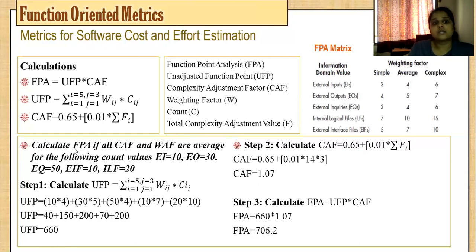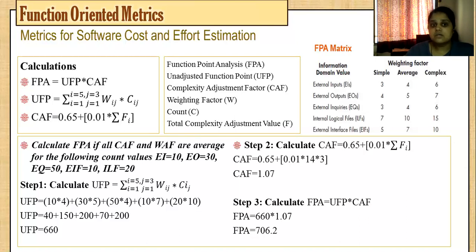Okay. So we have completed this step. Step number 2. We shall now move on to find out CAF. CAF is nothing but 0.65 plus 0.01 into sigma Fi. Now what is sigma Fi? Sigma Fi is nothing but a set of questionnaires which are standard methods or practices for developing software.